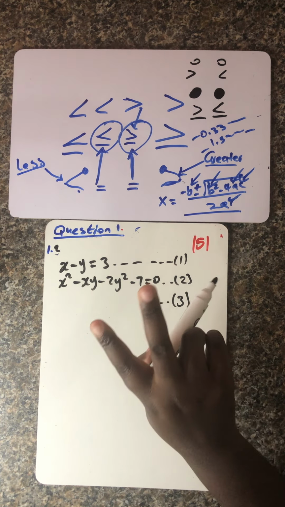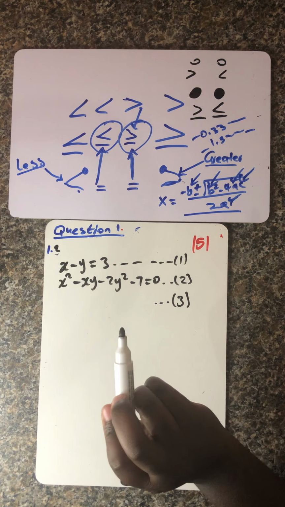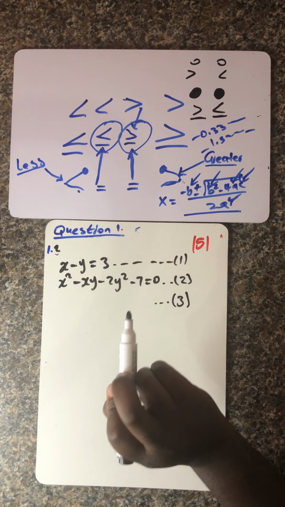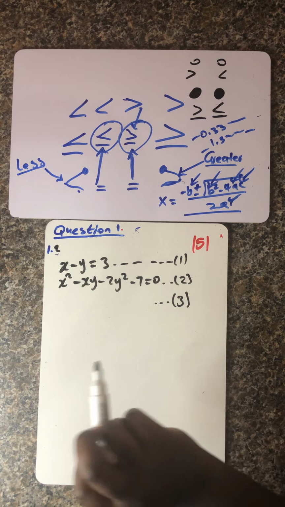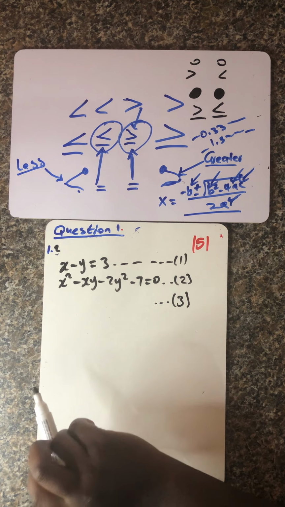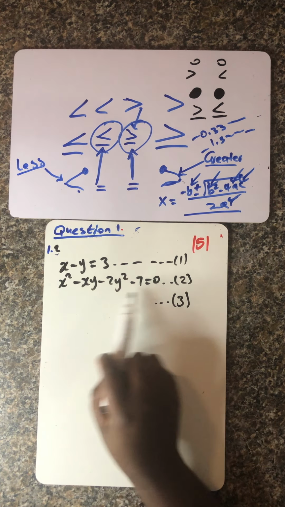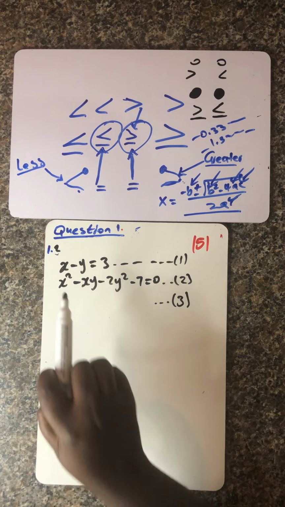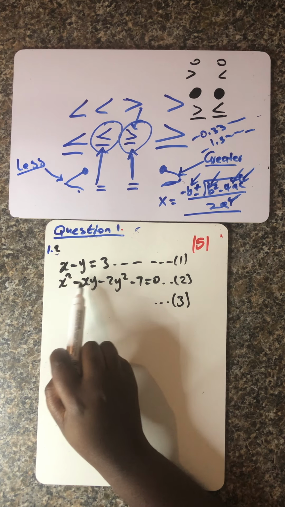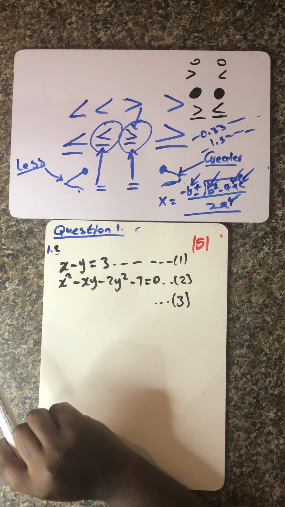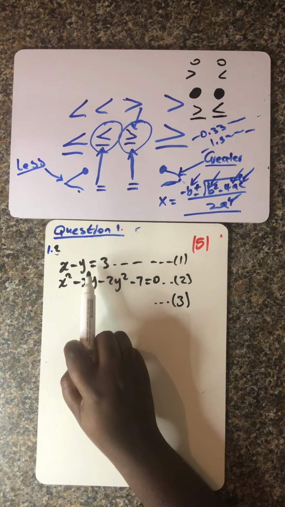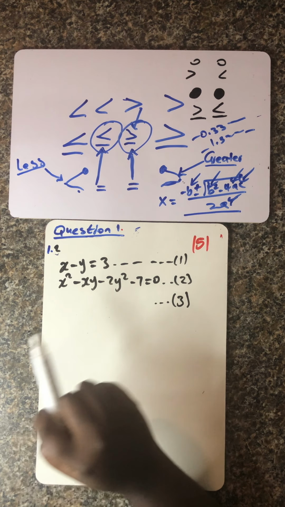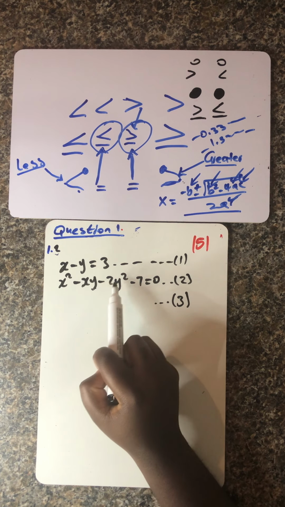But if you are not careful, you're going to choose the one that is going to make you have a long draw. So you look at this equation to say, if I make x the subject of the formula, I'm going to substitute there and there. If I make y the subject of the formula, I'm going to substitute there and there.